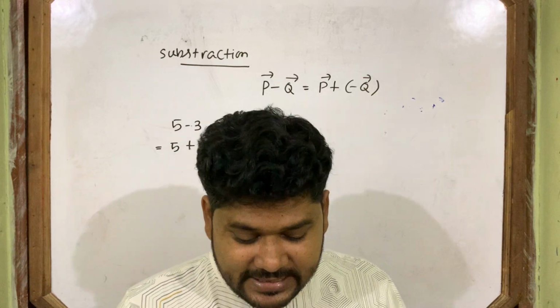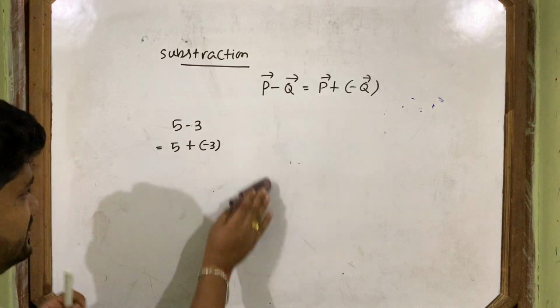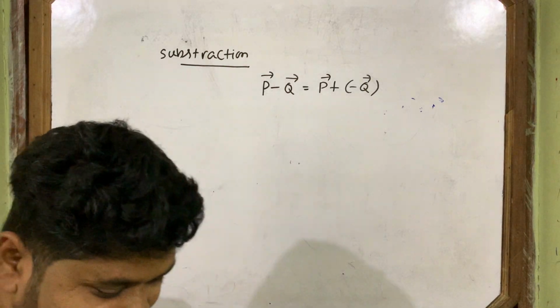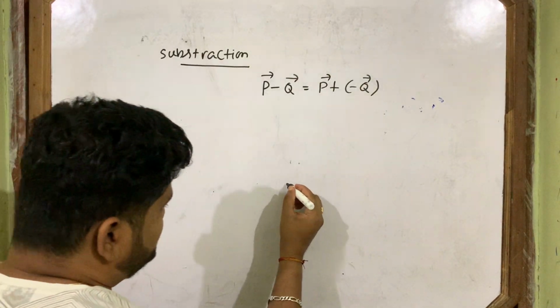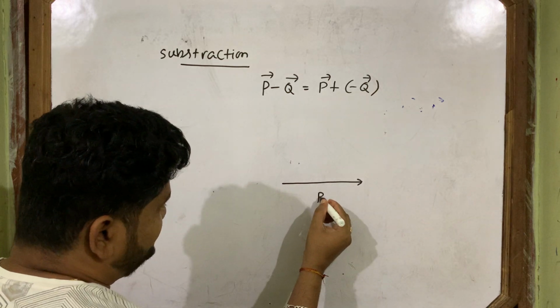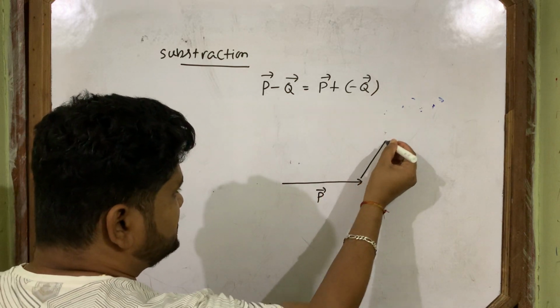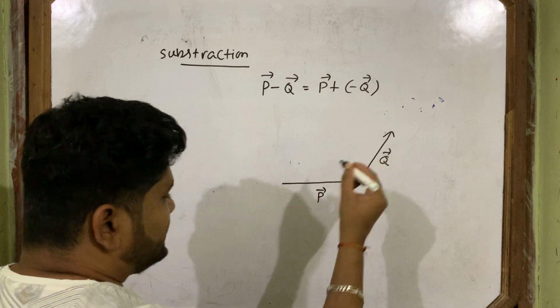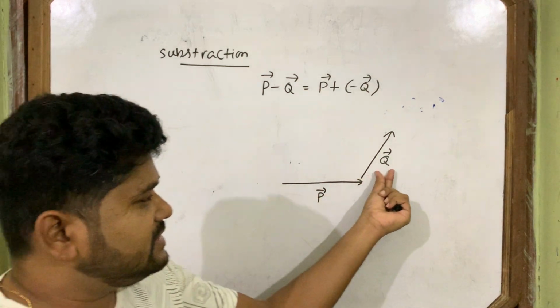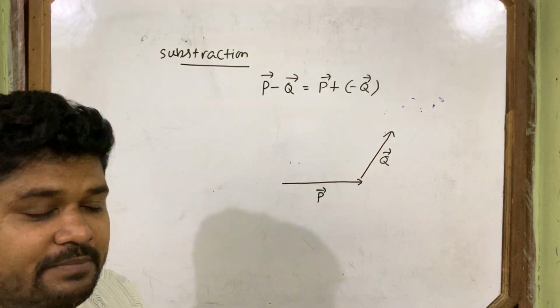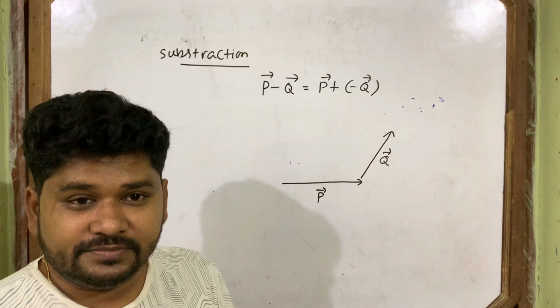Okay. Still, we'll do subtraction. Now come to one practical situation. Now we'll do the subtraction. Suppose this is p vector and this is your q vector. Now we subtract p vector minus q vector we find. But what are the steps I told you?